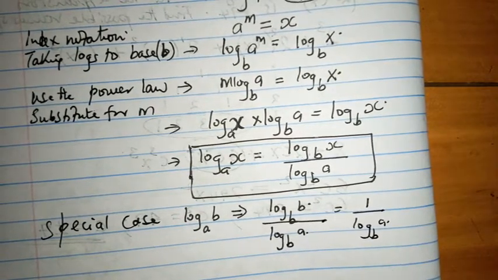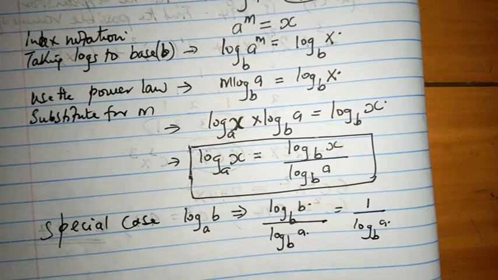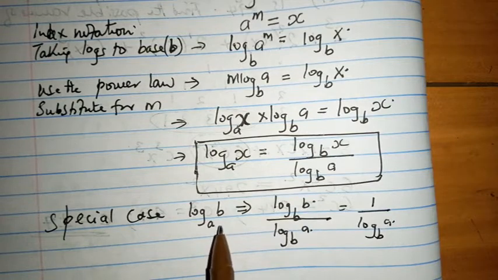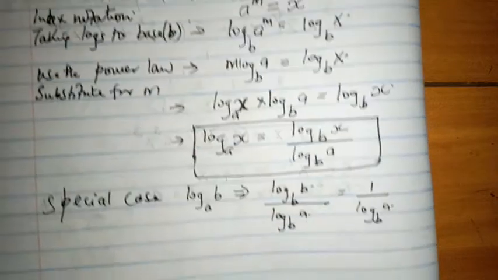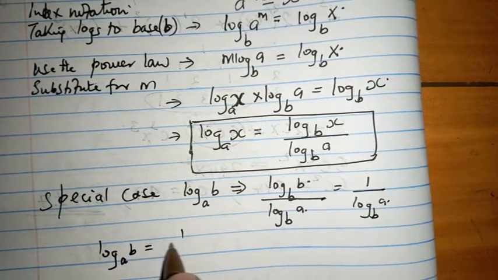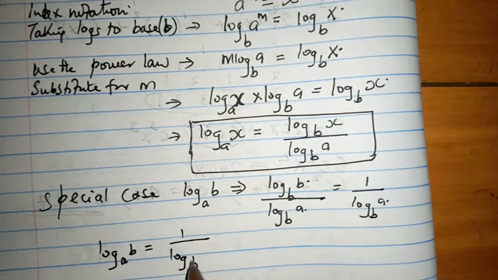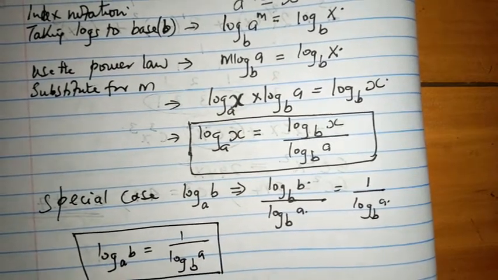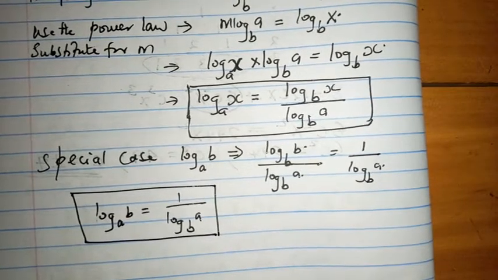So in a special case, if you introduce a base b, then we are going to have logarithm to base a of b is equal to 1 over logarithm to base b of a. It is up to us to choose the base which we need to introduce.